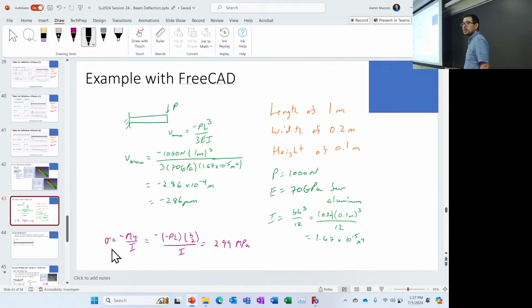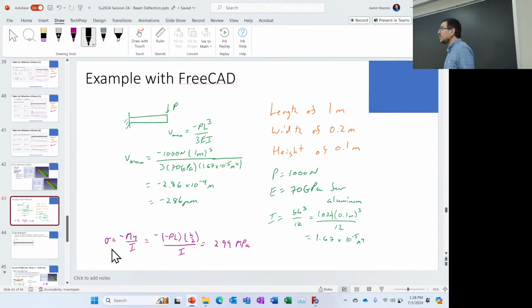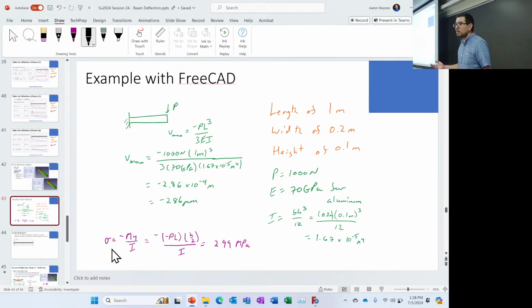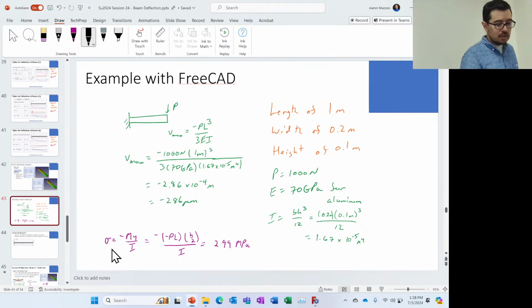Top or bottom? Okay, well, yeah? Where the moment is the greatest. Yeah, okay, where the moment is the greatest, and where's the moment the greatest? At the wall. That's right, okay? So that's where you would calculate the bending stress, if you're concerned. And so that's what I did.